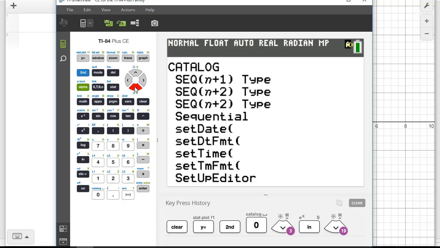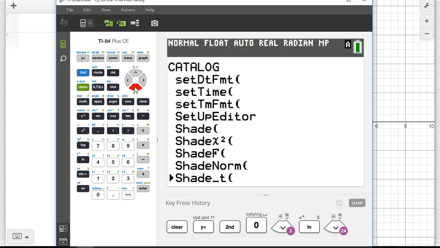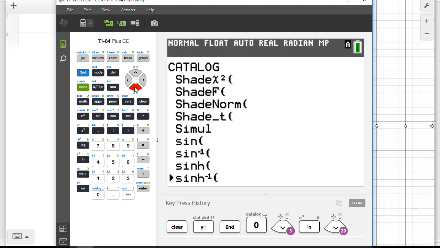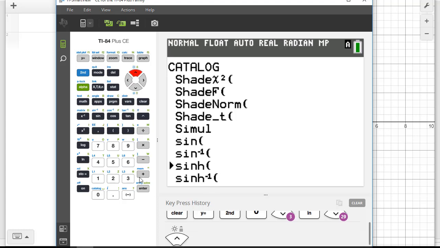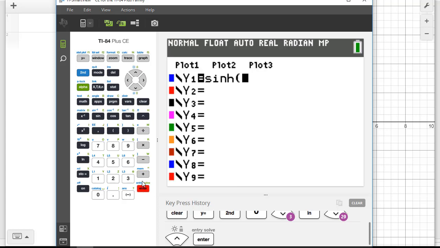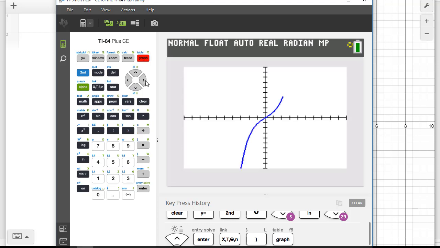Once we find hyperbolic sine, we also have the inverse of hyperbolic sine. So I'm just talking about graphing hyperbolic sine. I highlight that, click enter, and then I plug in my domain of x. And when I graph, there's our graph of hyperbolic sine.